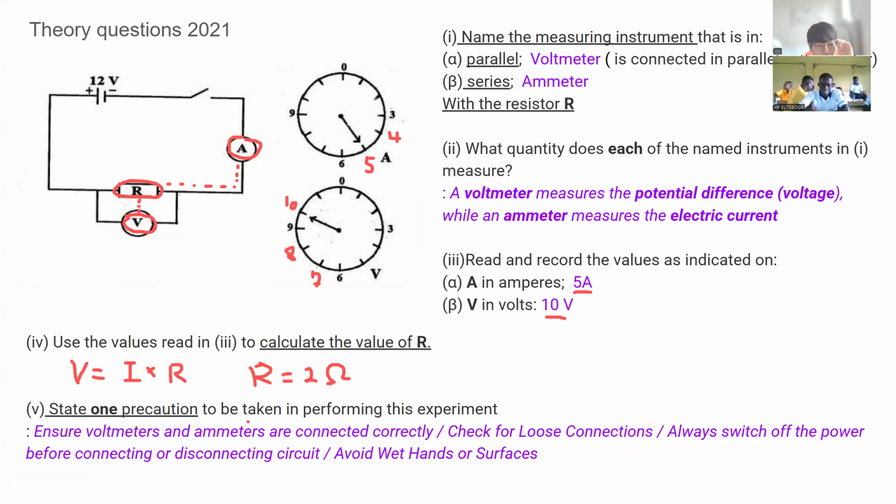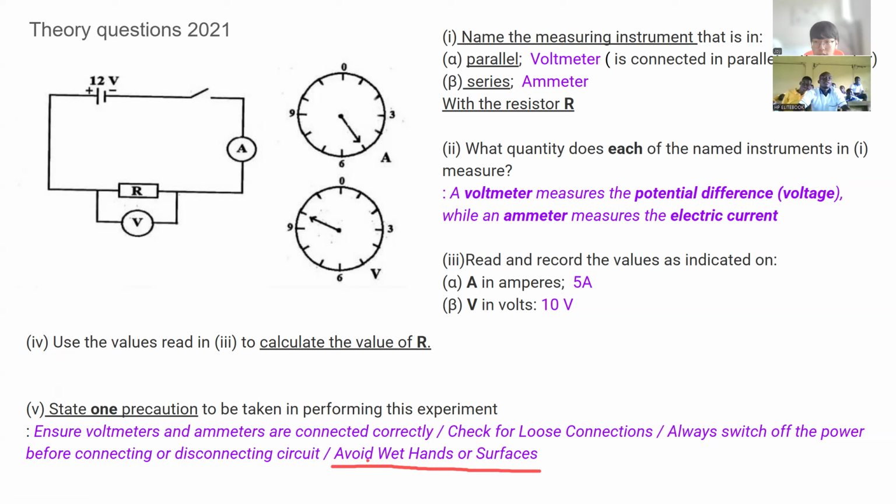And number 5, one precaution to be taken in performing this experiment. You can say that ensure voltmeters and ammeters are connected correctly, check for loose connections, but this is not really important, in my opinion. But one important one I think is to avoid wet hands and surfaces.